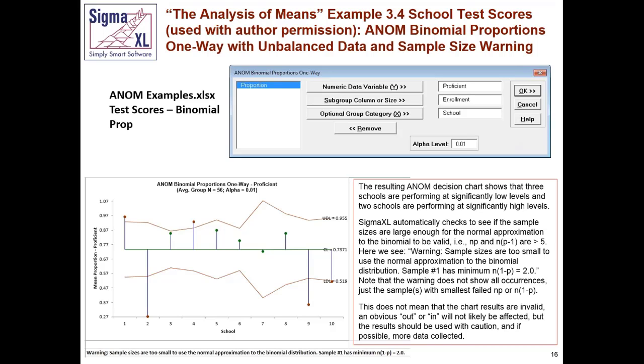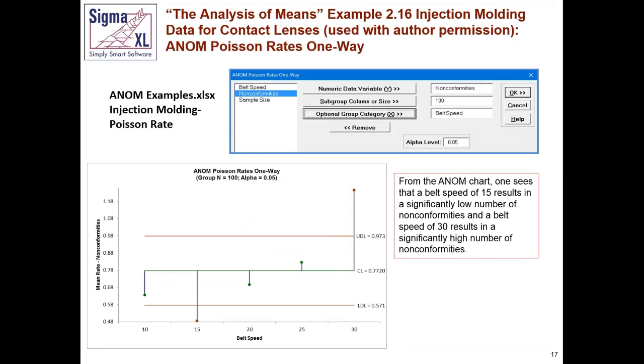Okay, so that's the binomial proportions one way, and then here's the Poisson rates one-way chart. Very similar, and in this case we have fixed decision limits, and we see belt speed as a significantly lower mean rate.